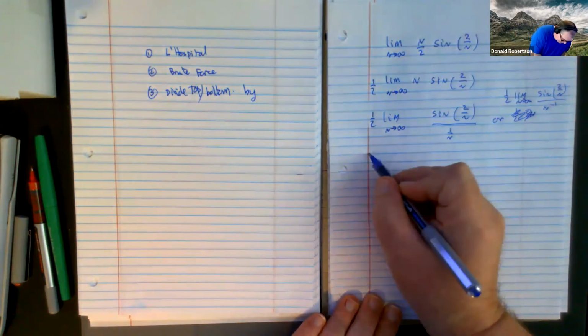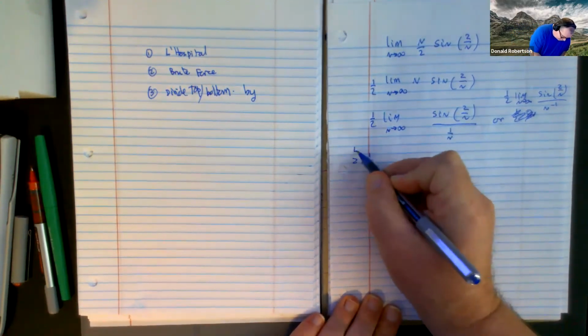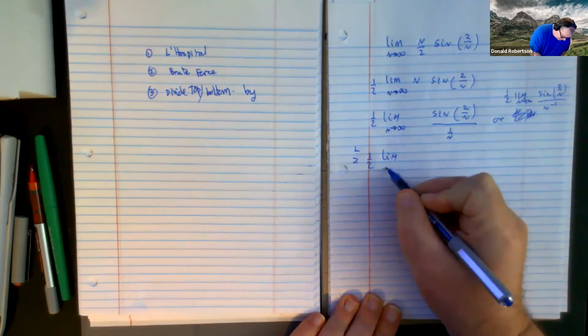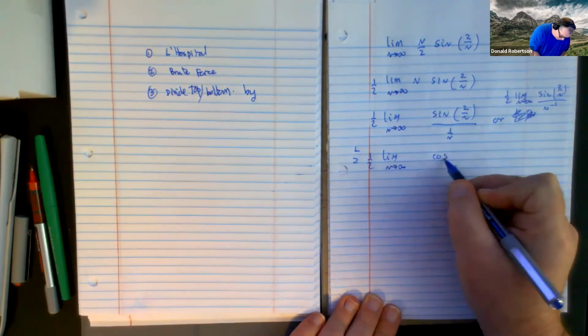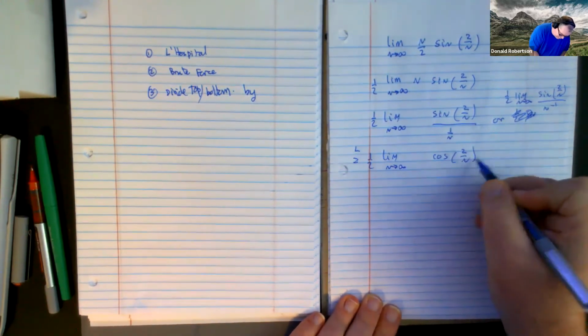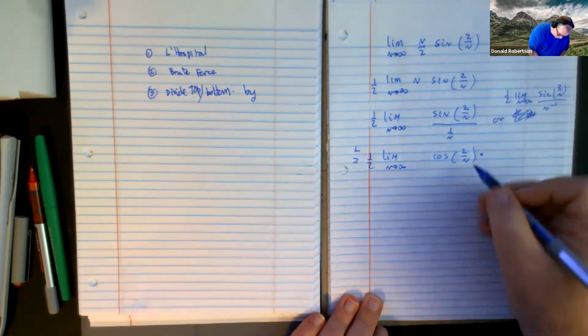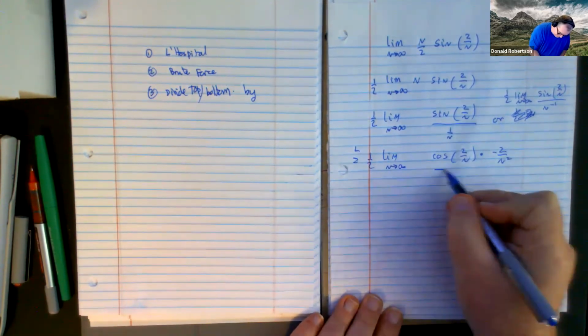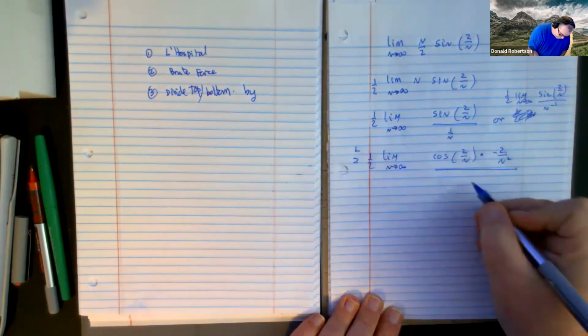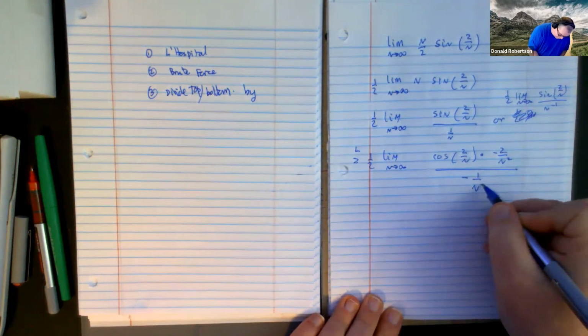So let's see what we get. When you do L'Hopital, you differentiate the top, so that's the cosine of 2 over n. You then differentiate, because it's a chain rule, 2 over n, and you get negative 2 over n squared. And then you differentiate the bottom, and you get negative 1 over n squared.